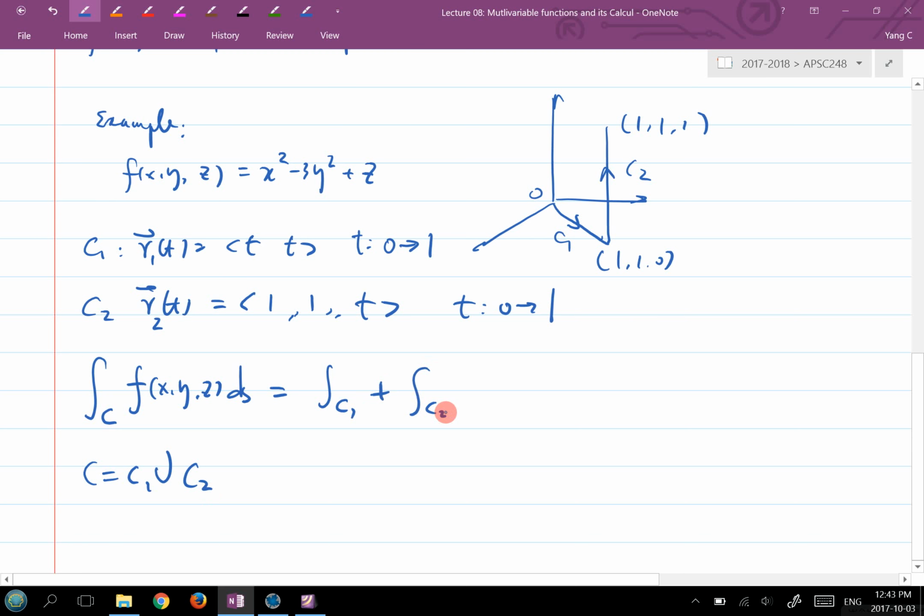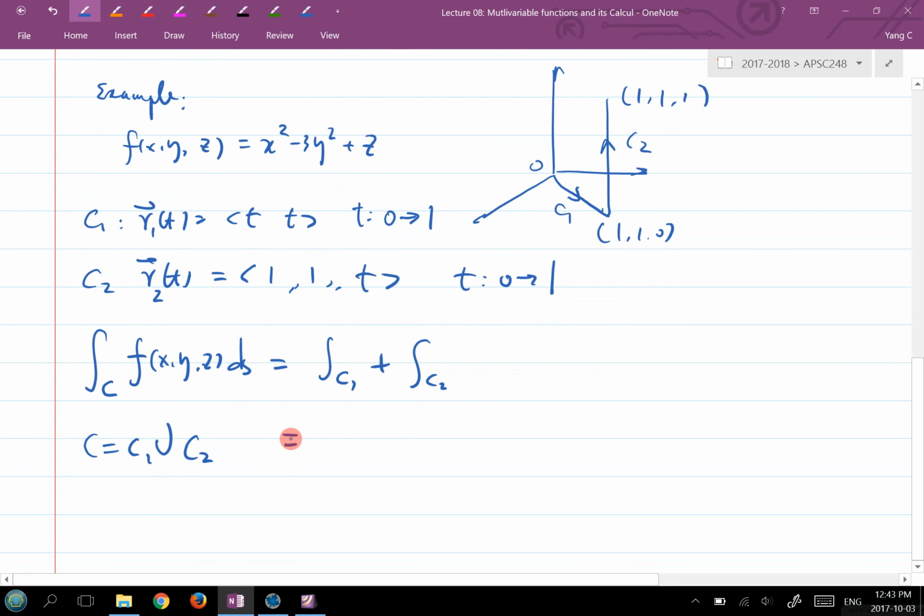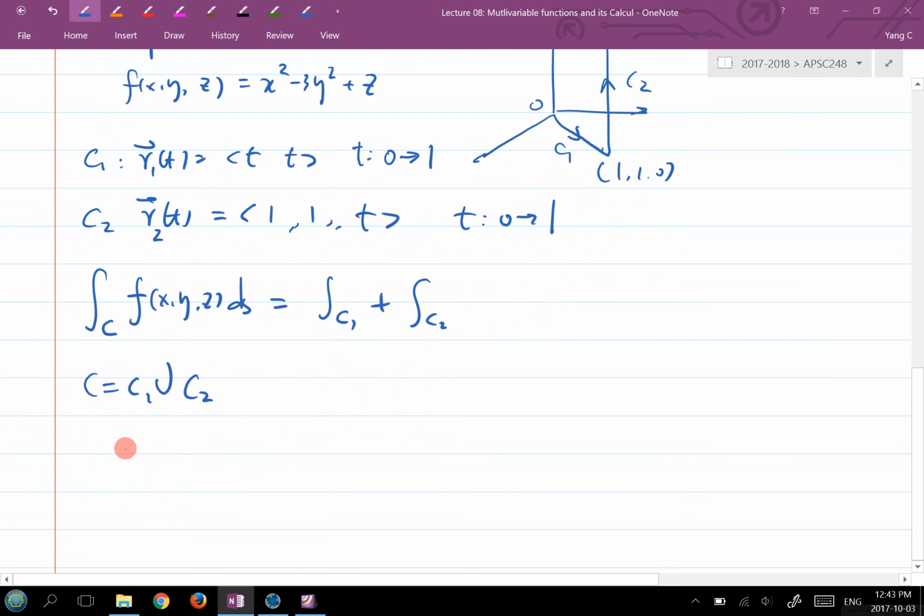So let's deal with each one of these separately. C1, the first piecewise integral.